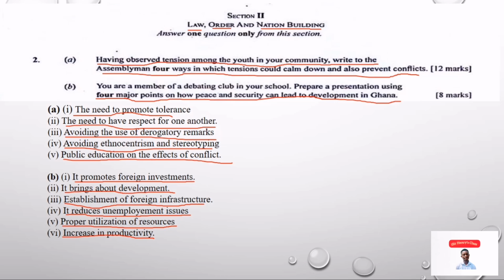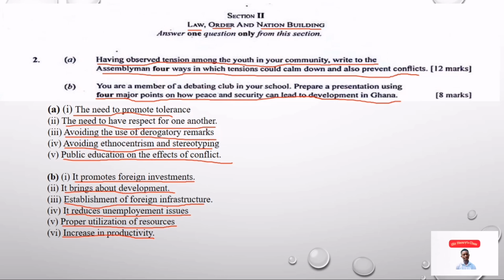2B says that you are a member of a debating club. Prepare a presentation using four major points on how peace and security can lead to development in Ghana. So how would peace and security lead to development in Ghana?